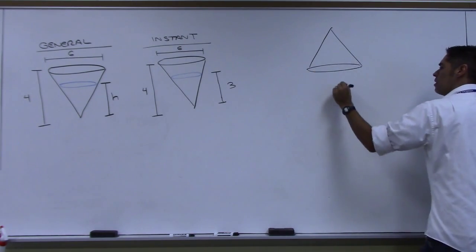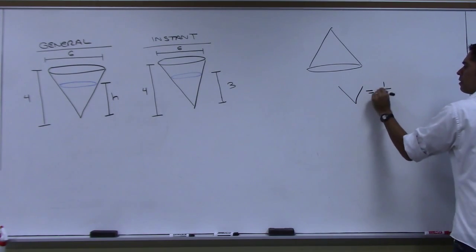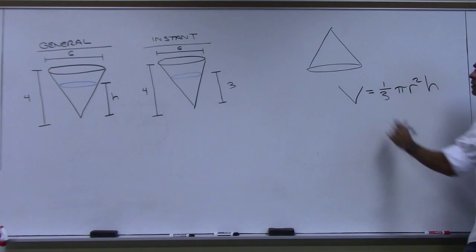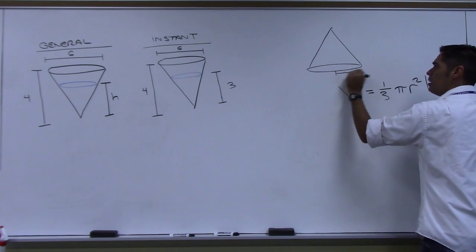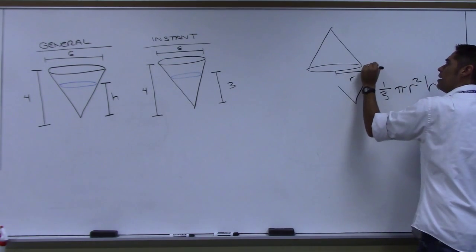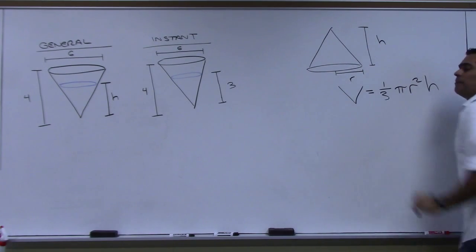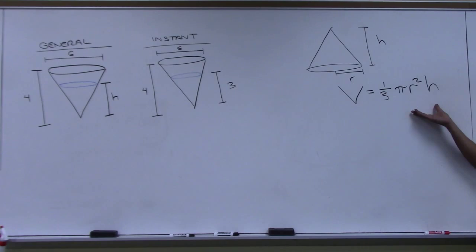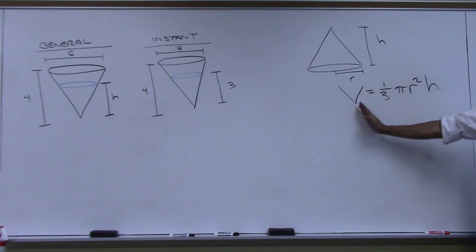The formula for the volume of a cone is 1/3 pi r squared h, right? That's the volume of a cone according to your book, where r is this radius, and the height of the cone is this, right? Okay, I agree. This is a good formula. The only problem with the formula is that it includes R, which means if I differentiate, I'm going to have a dV dt in here.